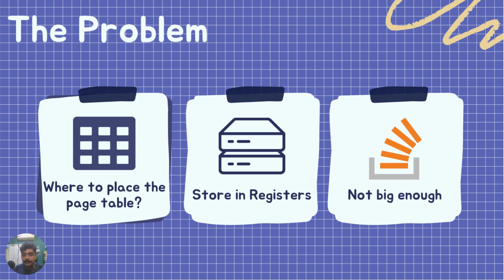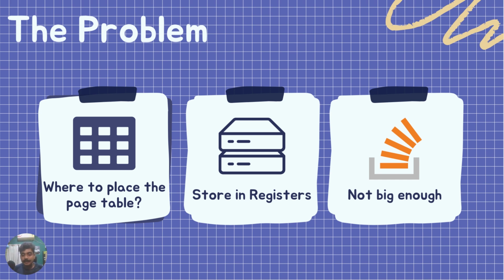However, there are problems in storing it in registers also. The problem being the registers are not big enough. The idea of using registers was not practical, because everything seems to be right, but the register size is very small. In practice it can accommodate only 0.5k to 1k page table.